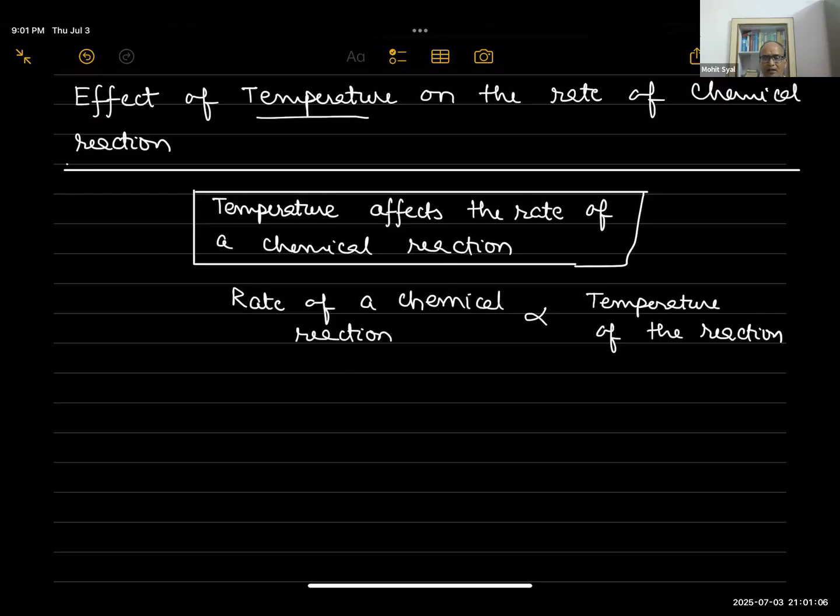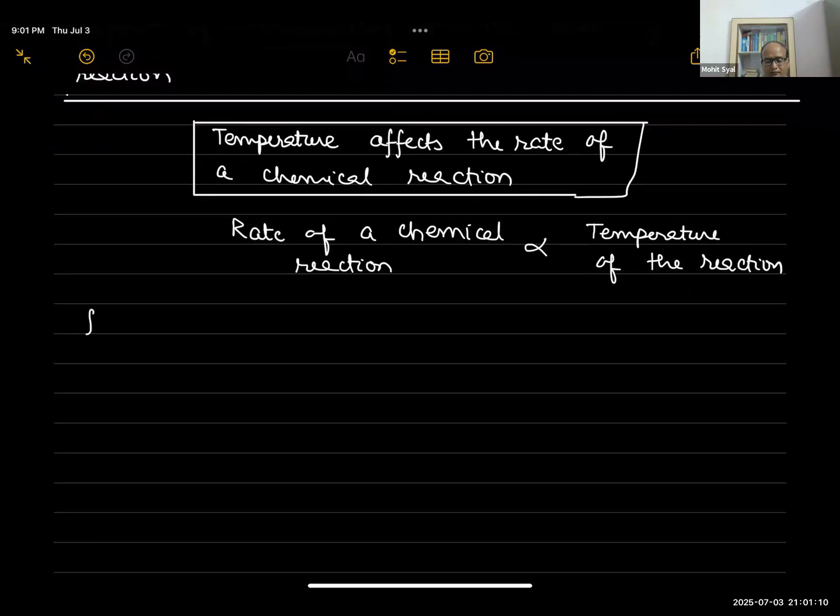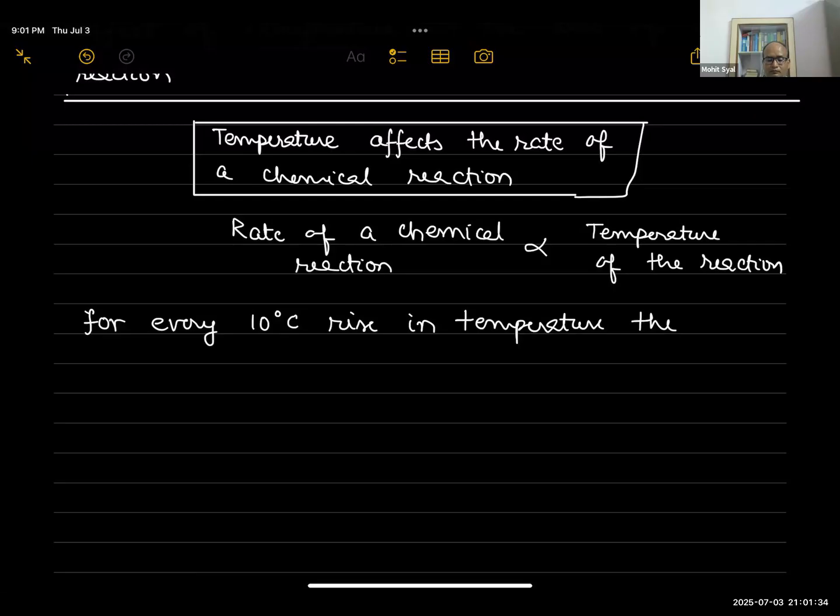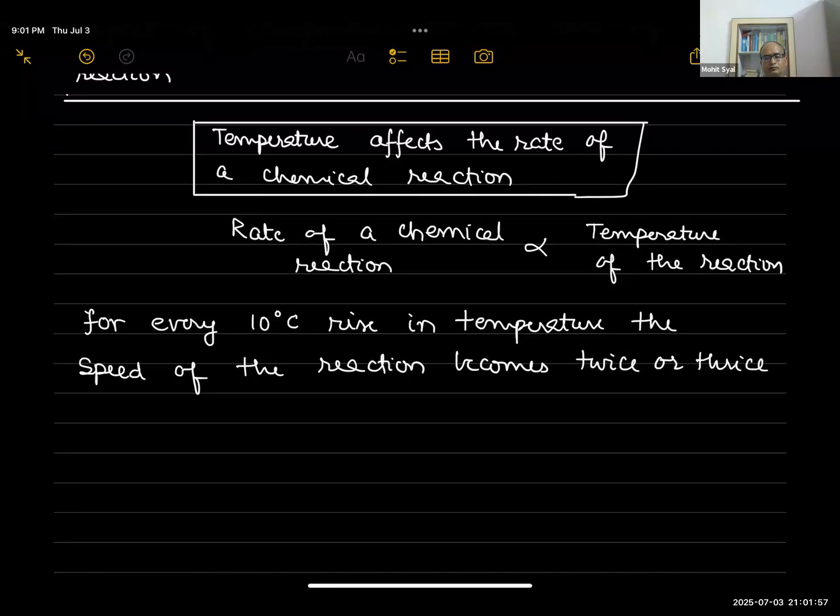The reaction becomes faster. And normally it becomes 2 to 3 times.